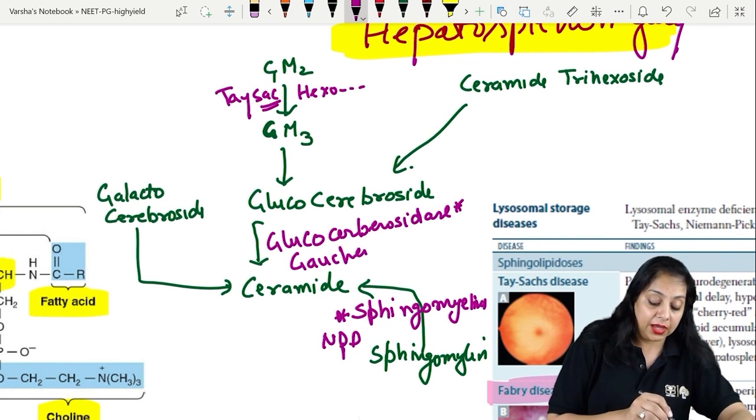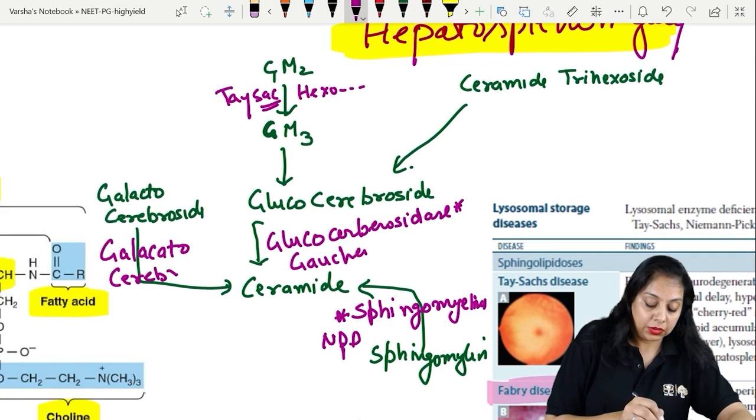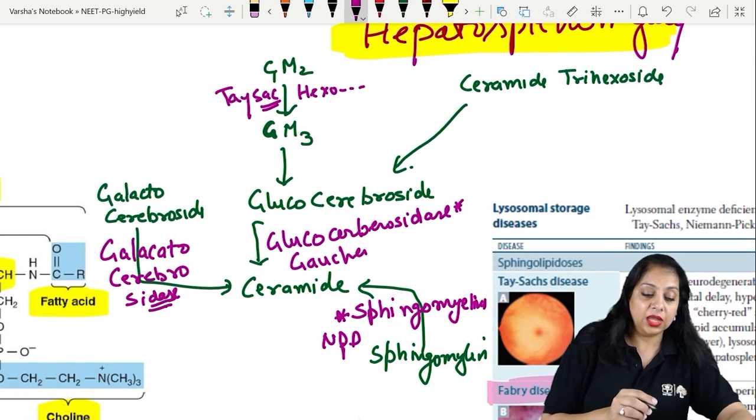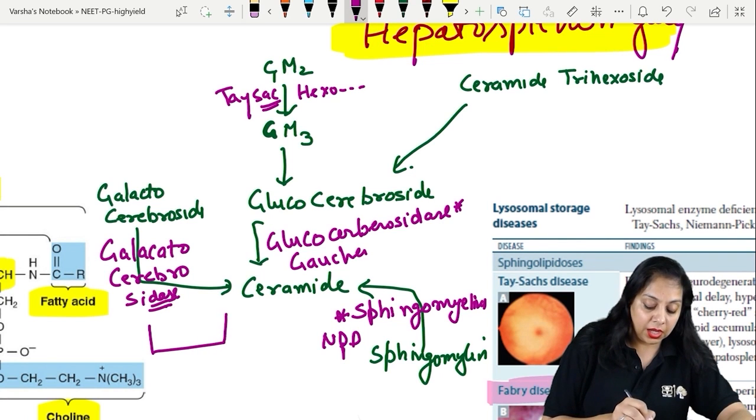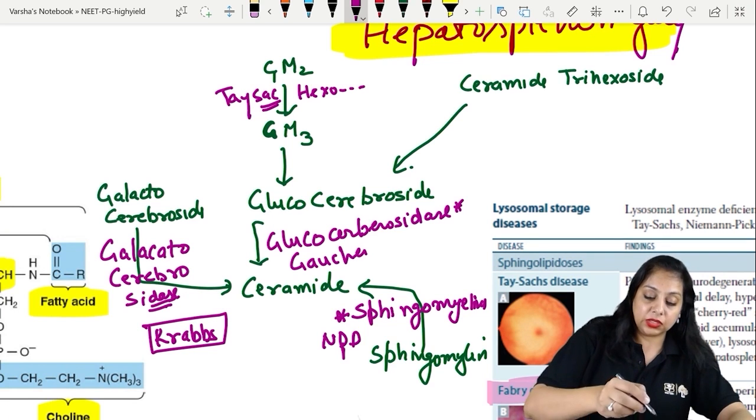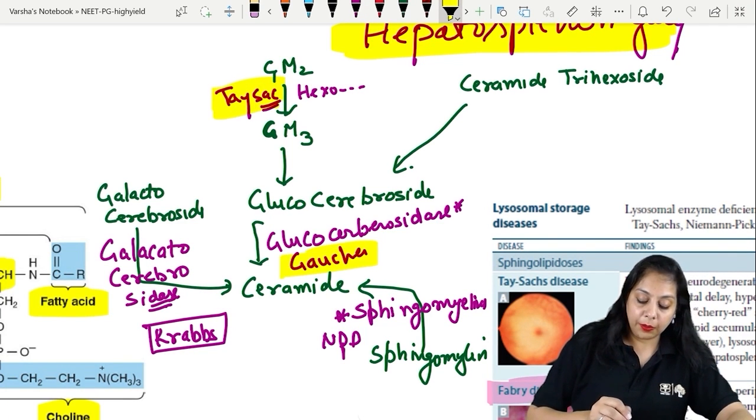Galactocerebroside to ceramide, the enzyme is galactocerebrosidase. If this enzyme is deficient, it leads to Krabbe disorder, whichever way you want to pronounce it.